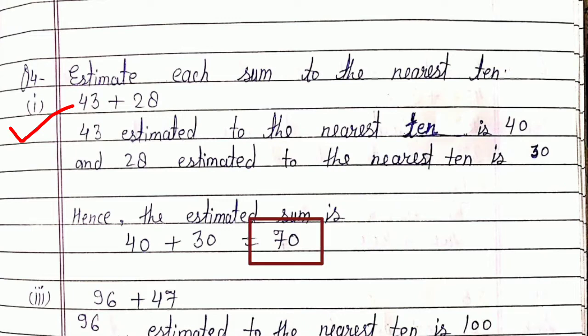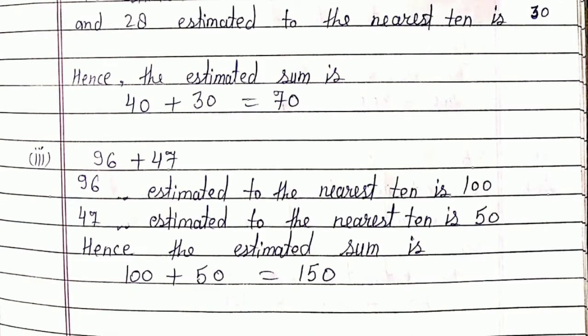Now see the third part. 96 plus 47. Here 96 estimated to the nearest 10 is 100 and 47 estimated to the nearest 10 is 50. Here you can observe that 6 is greater than 5. We will add 1 to the 9.